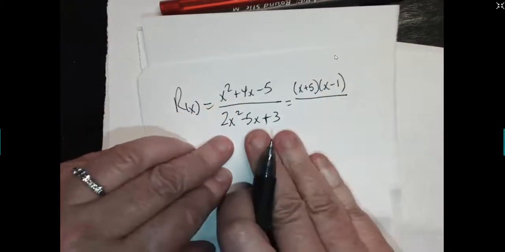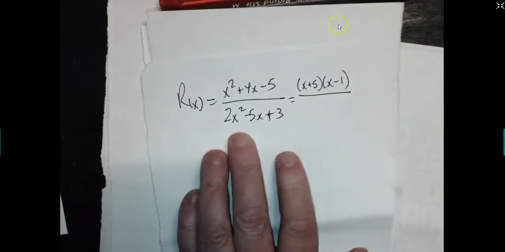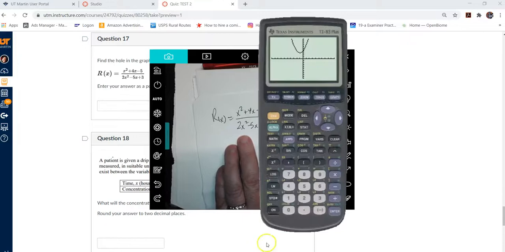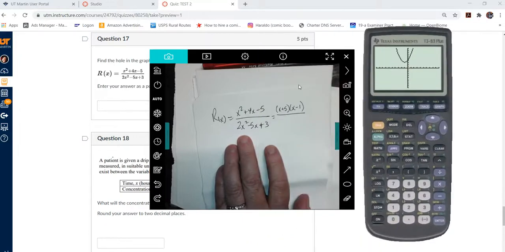Okay, now to factor that, I might want to take a look at the graph. So let's see what the graph of 2x squared minus 5x plus 3 looks like.